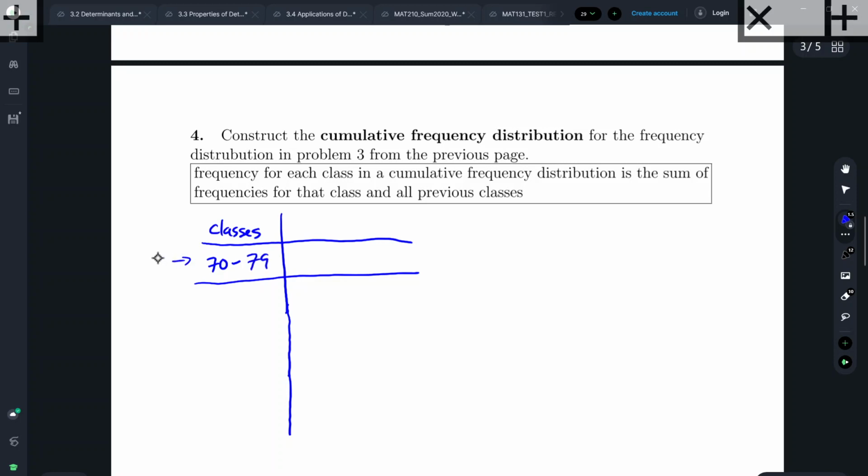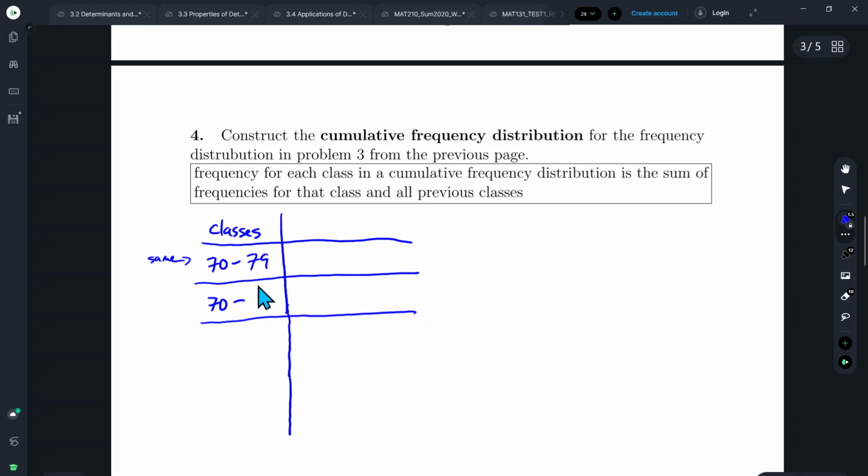This one is still the same, but the following classes are different. All of them start from the very beginning, which would be 70, and they end up at the corresponding class here. So the second one would be both the first two classes put together, which would mean 70 to 89.